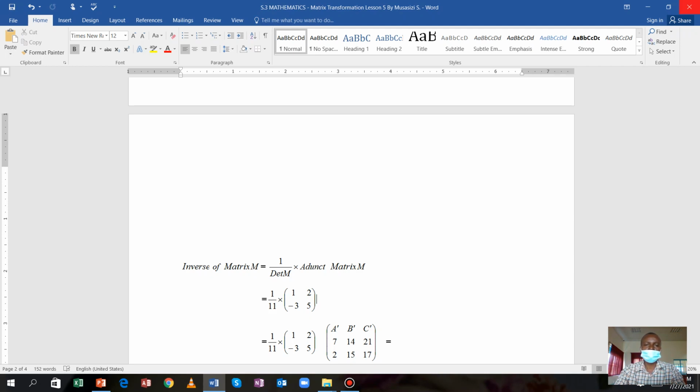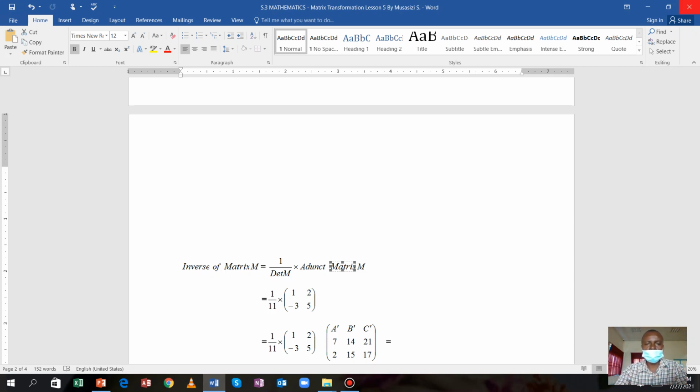The 5 which was up now goes down and 1 comes up. For the minor diagonal you change only the signs. 2 was negative, now it has become positive. 3 was positive and has become negative. That's the adjoint. So the inverse is 1 over 11 times that adjoint matrix.